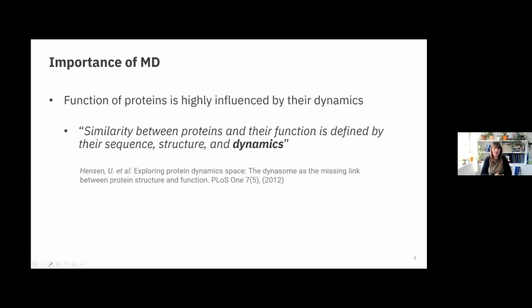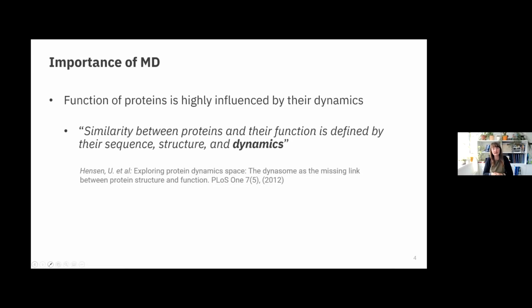Just one more slide to defend the importance of studying molecular dynamics, because you can still watch just a static snapshot of a molecule and get quite a lot of information out of that. But dynamics really adds quite a lot to the understanding of how proteins and molecules in general are actually working.